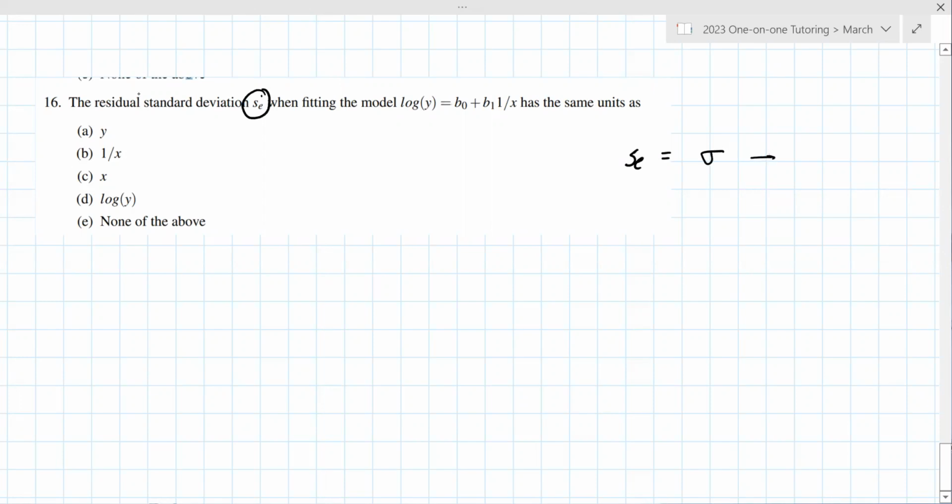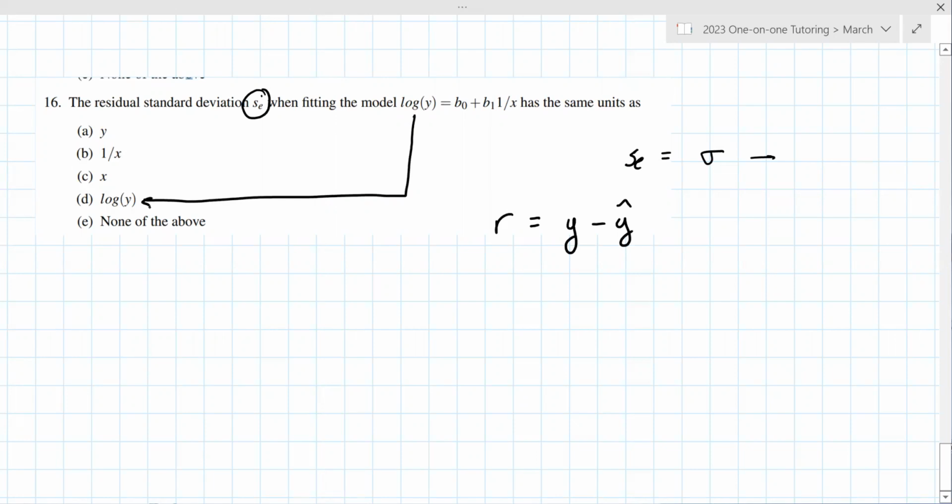Now in this problem, it's the residual. So we now need to look at what the residual is. r is y minus y hat. So it's really the units of the output. What are the units of the output here? Log y, or what is the y? So I'm sort of leaning towards something like this.